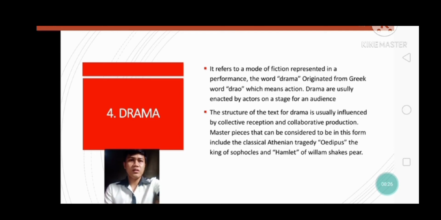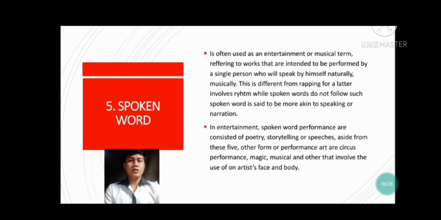So, number 5, spoken word is often used as an entertainment or musical term, referring to works that are intended to be performed by a single person who will speak by himself, naturally, musically. This is different from rapping, which involves writing, while spoken word does not follow such.